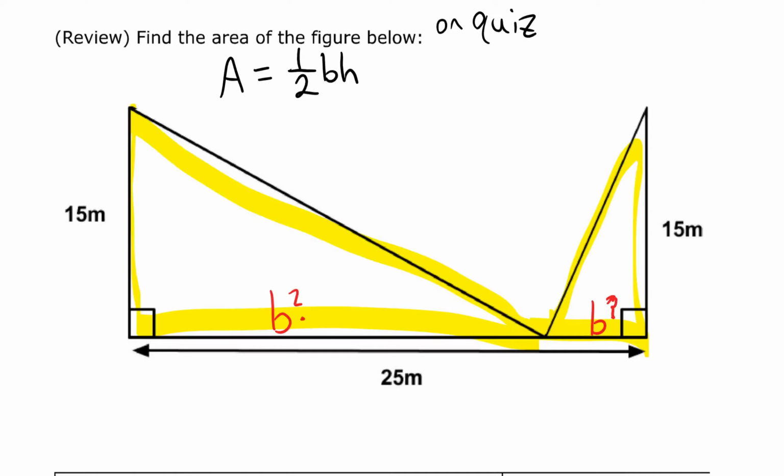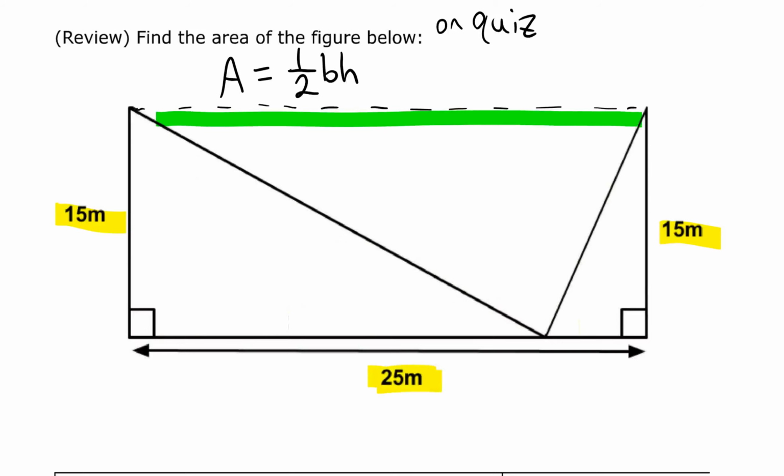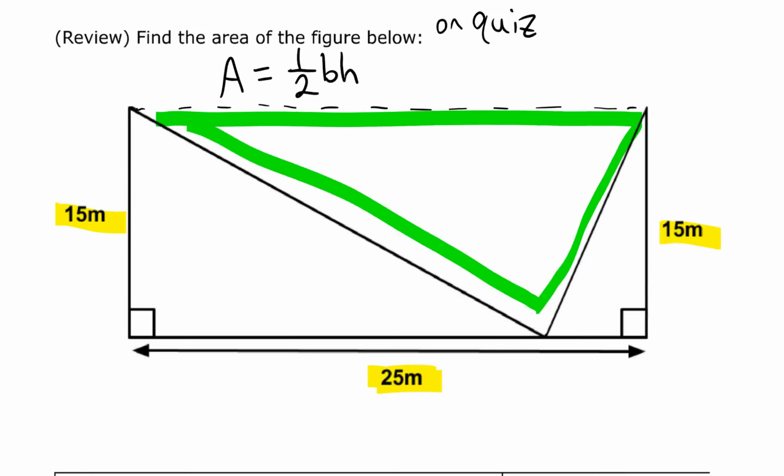And the perfect way to get around it is to notice that the heights of the 2 triangles are the same. What this means is, if we draw another dotted line up here, we can see that we actually have a 15 by 25 rectangle with a triangle that's cut out of it. So let's actually mark that triangle and just keep track of it. So this is all empty space.